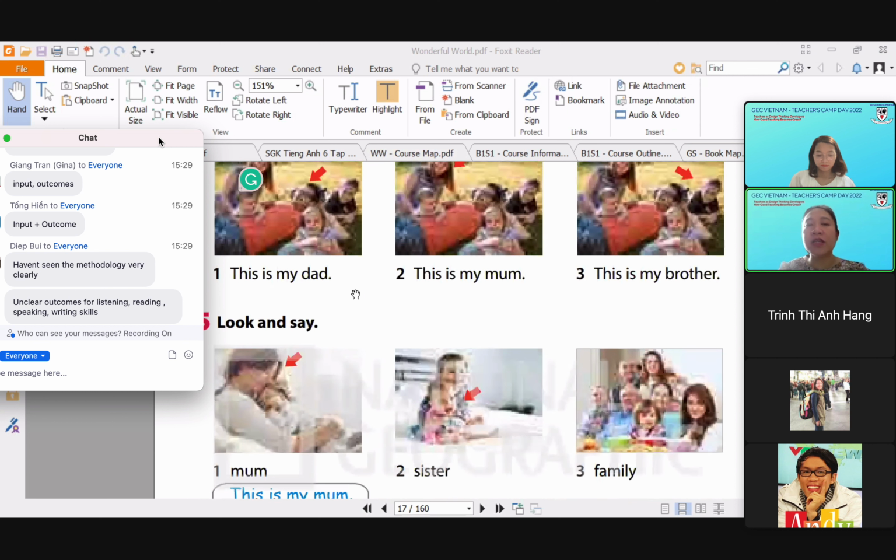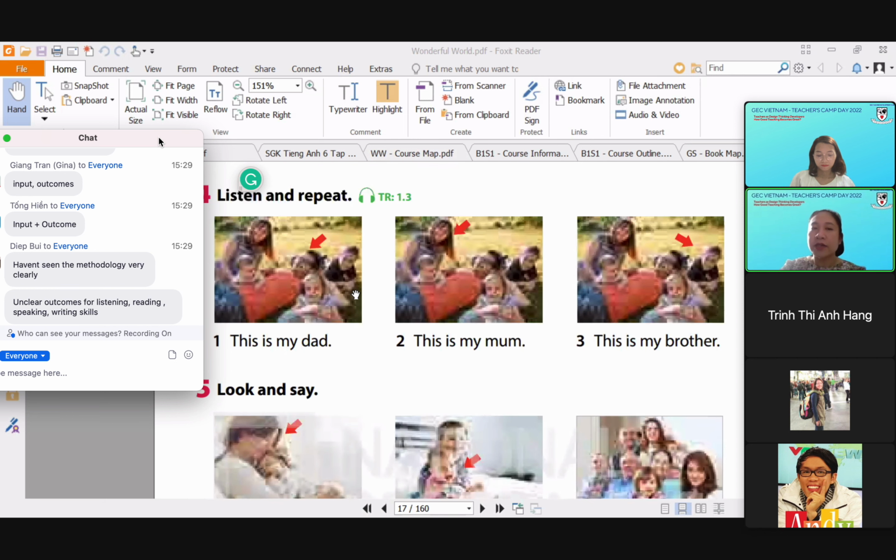And it's a very typical example of behaviorism. You can see the behaviorism here. It's just like a model, and then just ask students to do. That's it. But if you apply cognitivism, it means that you allow students a space to think and process information. You can organize relevant activities for them to process the information and produce language.